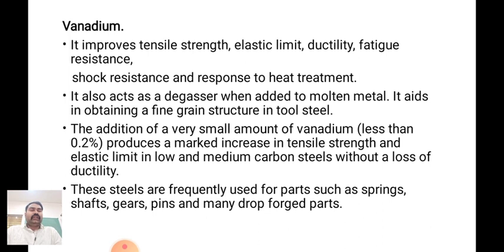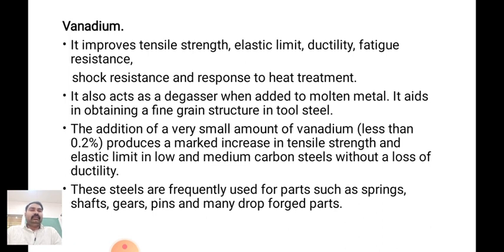Now we know that when we pour the molten metal in the mold cavity, in MP1 we have studied manufacturing of castings using molds. As we are pouring the molten metal in the mold cavity, it has a higher temperature.